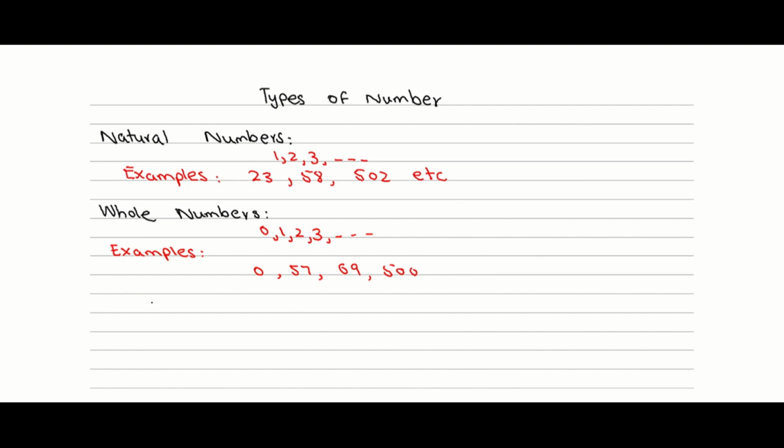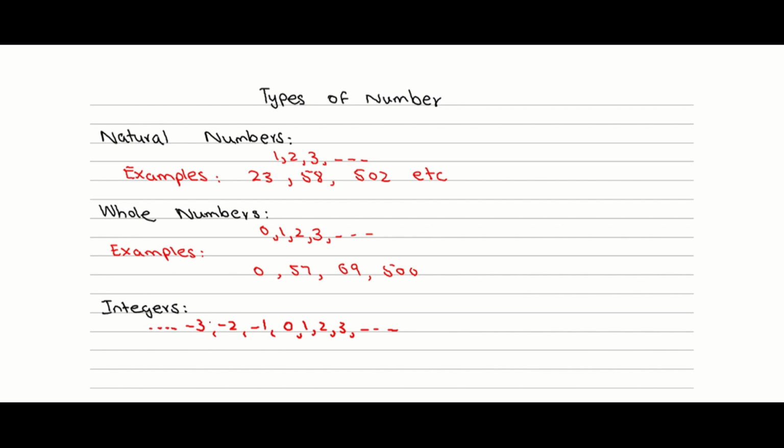Okay. Next are the integers. Integers are basically the whole numbers and the negatives of the whole numbers as well. For example, let's say we have the whole numbers 0, 1, 2, 3, and it goes on and on. Similarly, we will have the negatives of the numbers as well: negative 1, negative 2, negative 3, and it goes on.